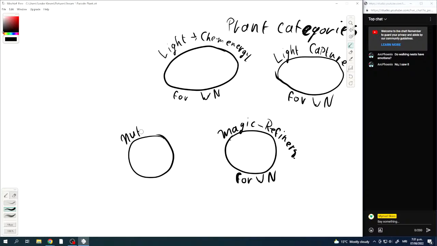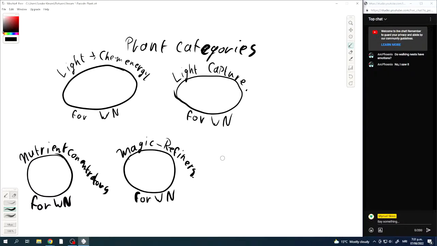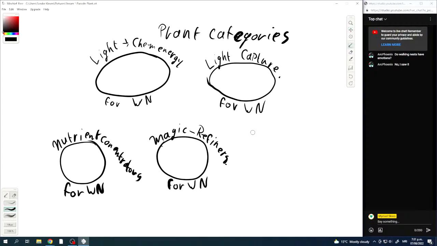I could probably just say nutrients, refiners, or concentrators. I use way too big words for the walking nest. So I've got light to chemical energy, light capture, magic refiners.